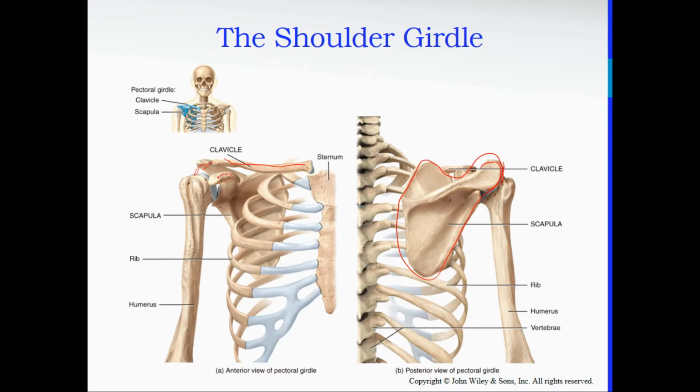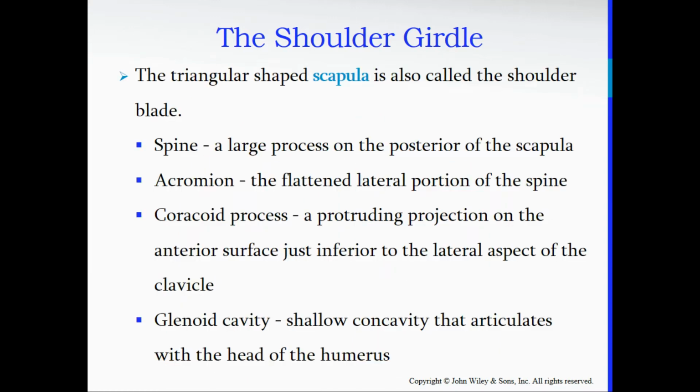And this other little process that comes out, that we're going to learn its name shortly, together with this end of the clavicle, all form the cup that would be the socket of that ball and socket joint. The triangular shaped scapula is also called the shoulder blade, again in common terms.